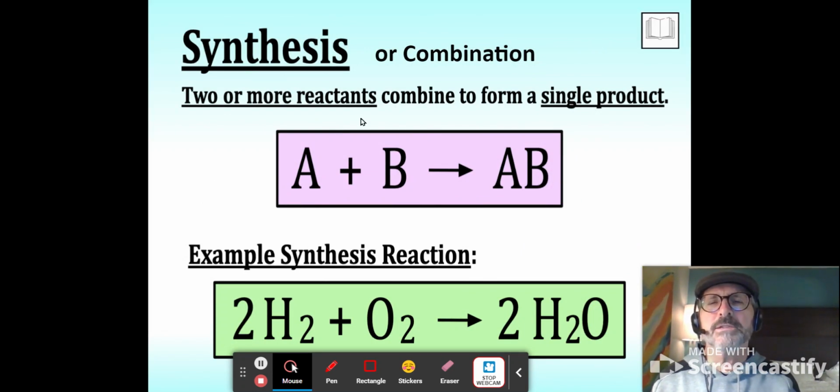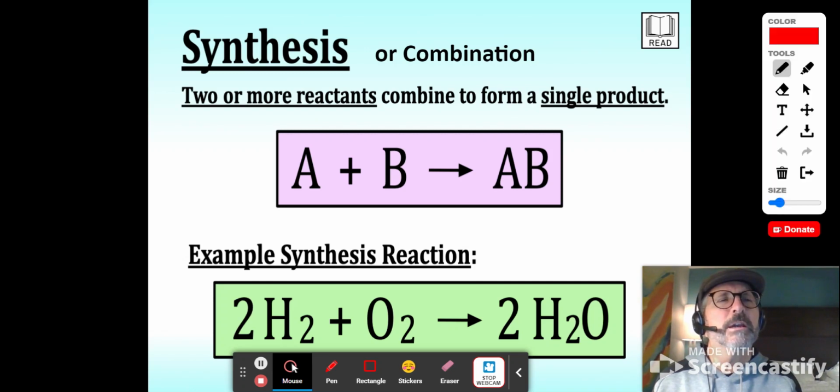So this is a generic formula for a chemical equation for synthesis. So two or more reactants. There's two reactants. The reactants on this side yield a single product, and this is the product side.